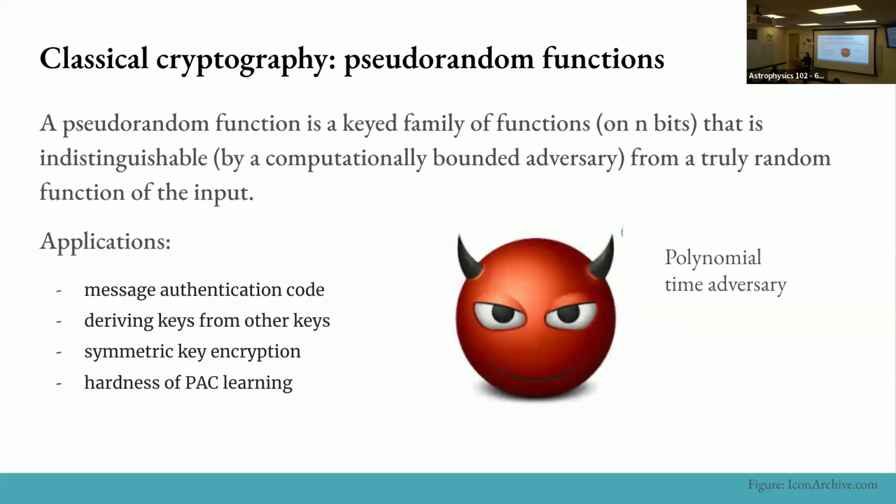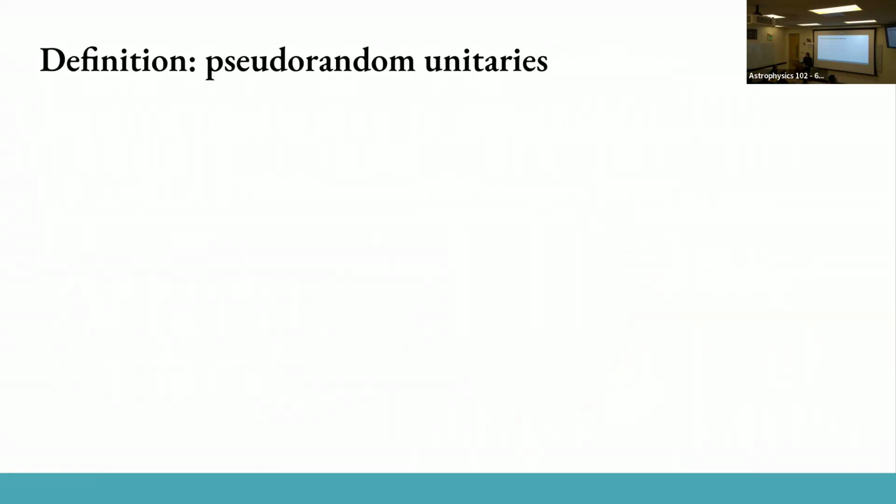These functions are used every single day. They're important for things such as message authentication codes and symmetric key encryption. These are very useful things that we use on our phones every single day, although you probably don't use them specifically or knowingly.